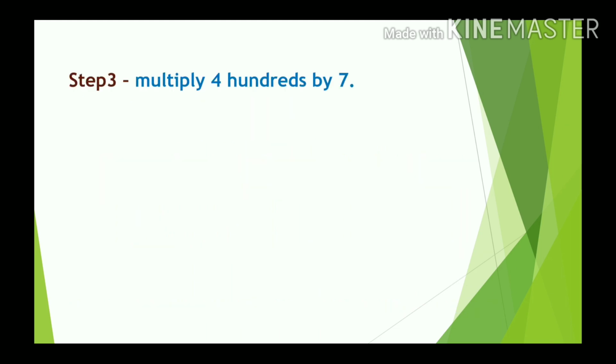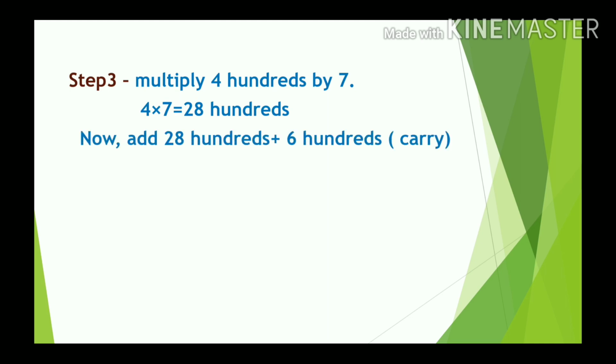Now step 3 is multiply 4 hundreds by 7. So 4 multiplied by 7 is equal to 28 hundreds, and add 28 hundreds plus 6 hundreds which was carried. So we get 34 hundreds.